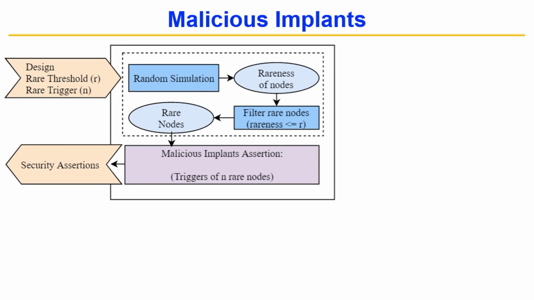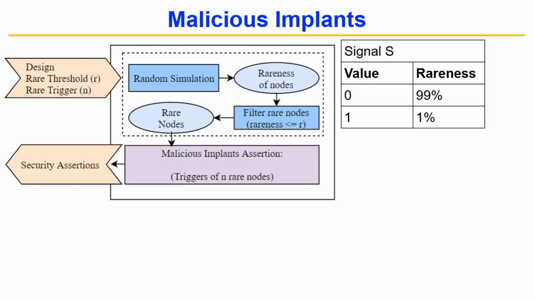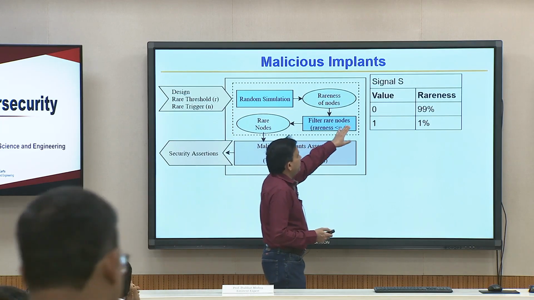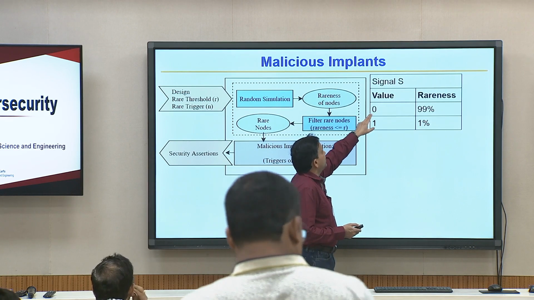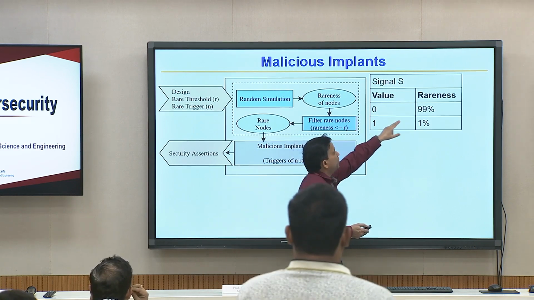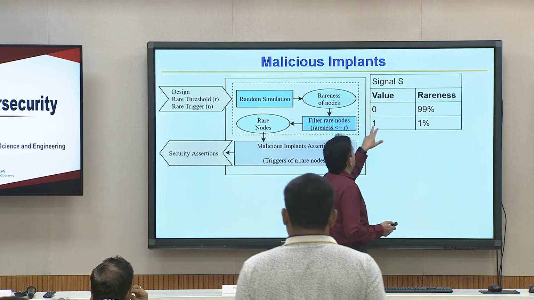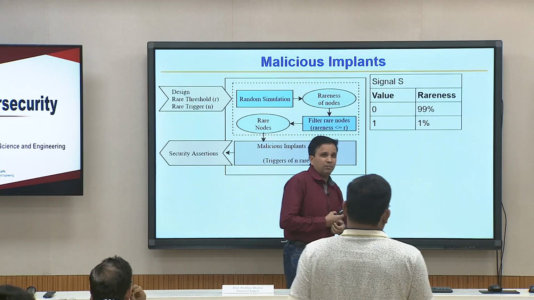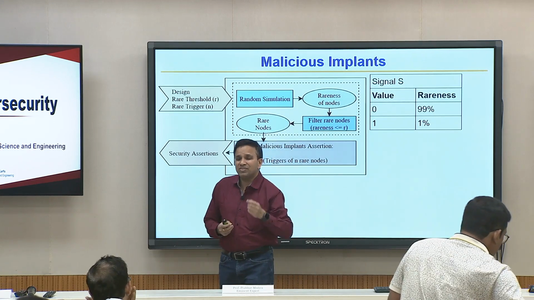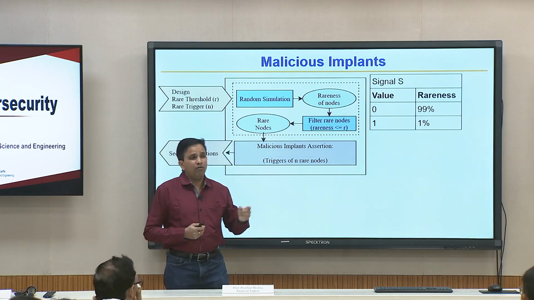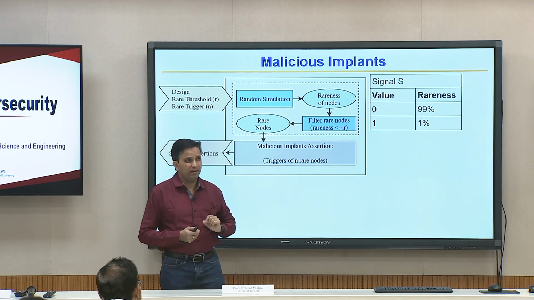So if that is my threat model, then rare variables or rare signals are what we should be looking for. For example, in this definition, if a particular signal S becomes 0 99% of the time and becomes 1 only 1% of the time, then that signal is rare for value 1.